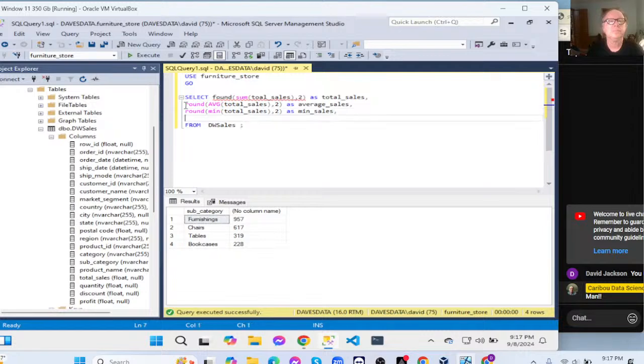We could of course also do min and max, couldn't we? Do we want to do min? Oh, I don't know. So these are going to be total statistics for the entire data set.